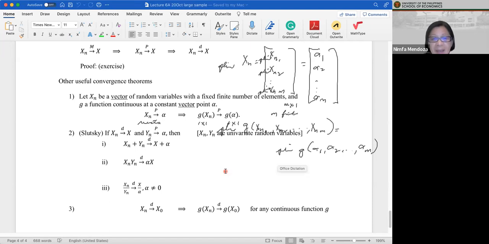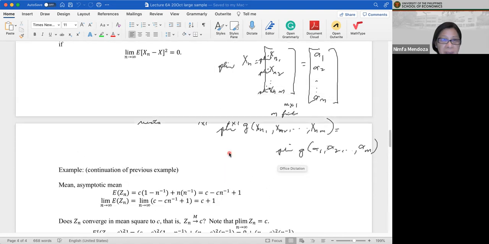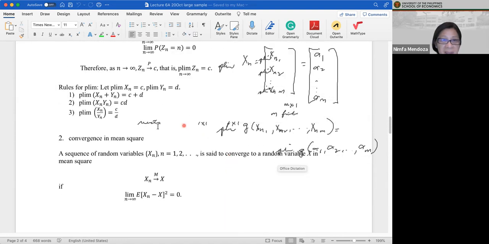Actually, that makes operations of PLMs easy to do. An example of that is what we had earlier for the operations regarding PLMs here.